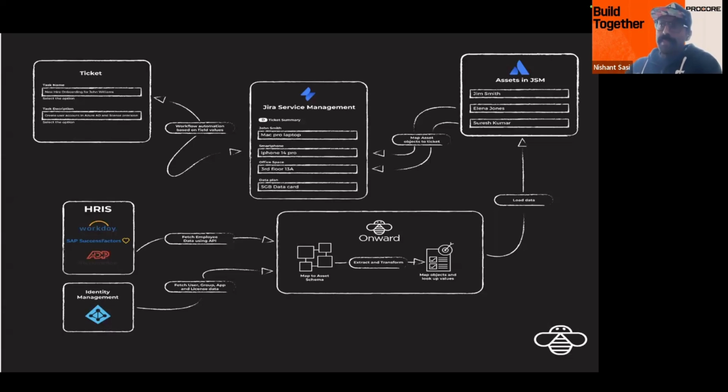Maybe it is for a FedRAMP environment. You need additional approval layers, and you can store those approvers in assets. So think about it as a container of objects as well, right? It's a container of objects and how you actually derive your functionality and solution through that.